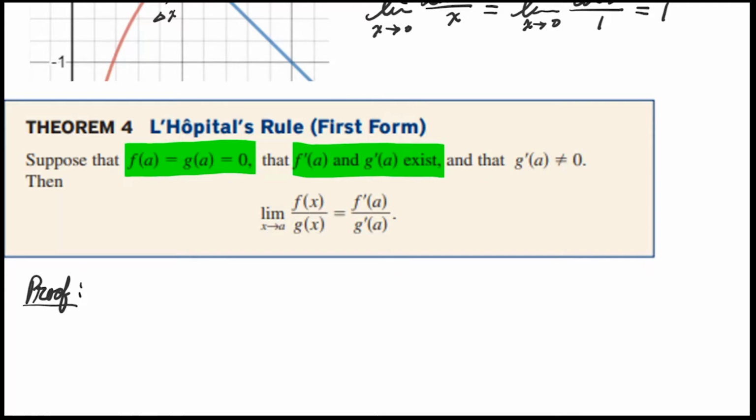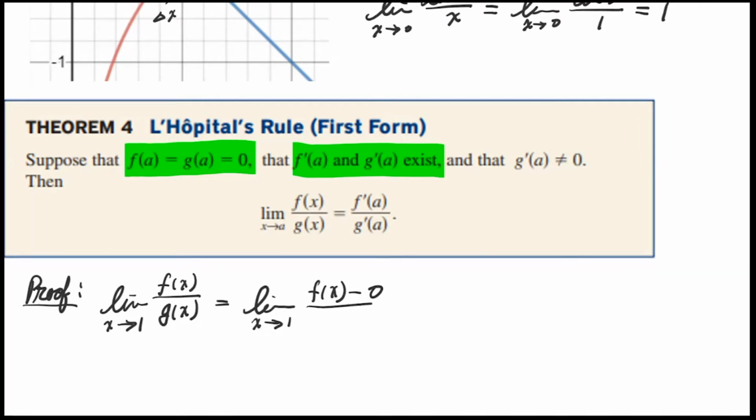Okay, I'm going to start with this. The limit of f(x) over g(x) as x approaches 1 is the limit as x approaches 1 of f(x) minus 0 over g(x) minus 0. Still true? Yeah, of course it's true.